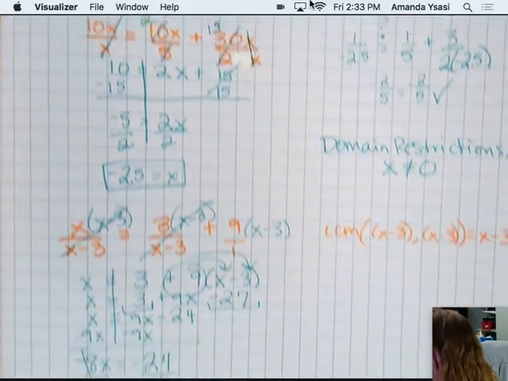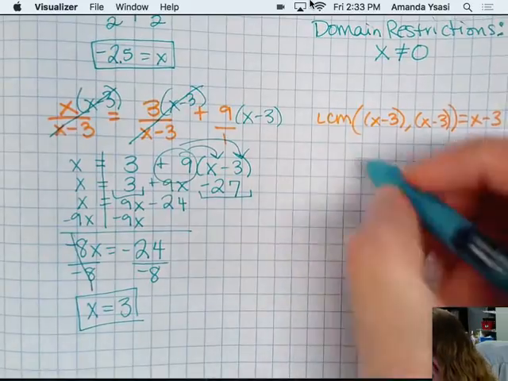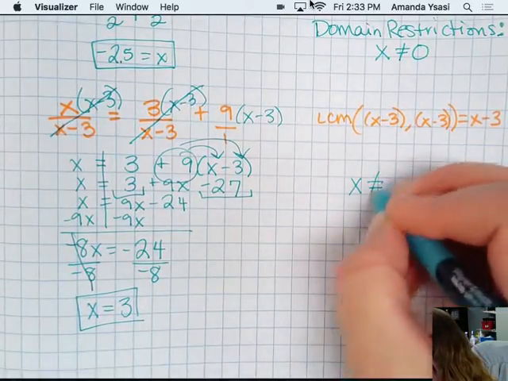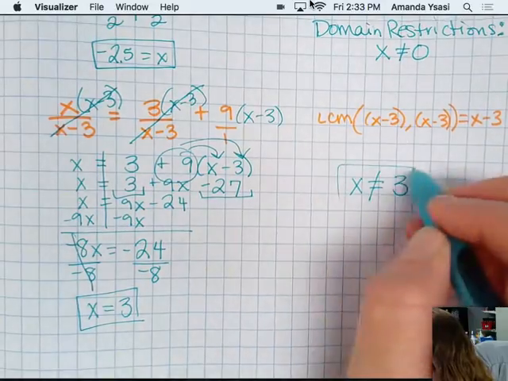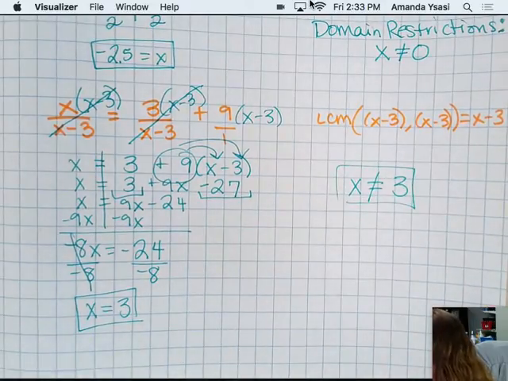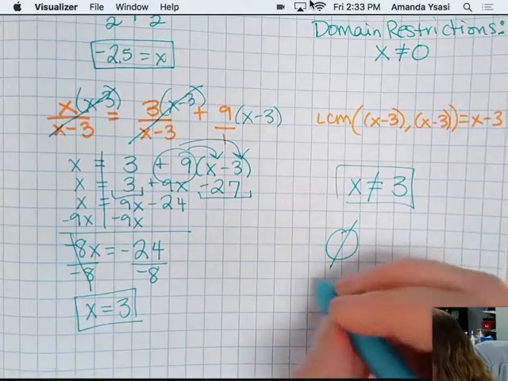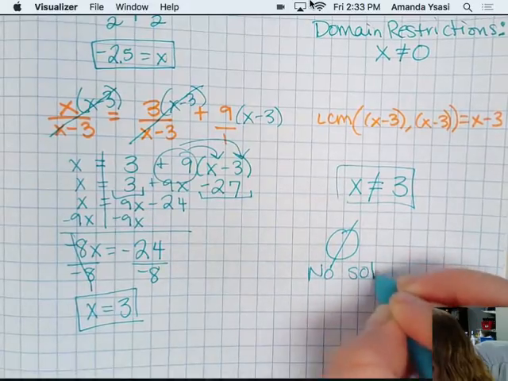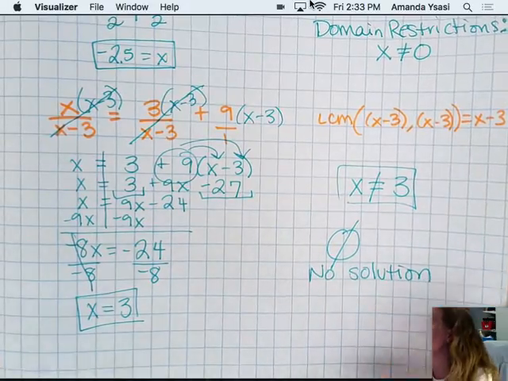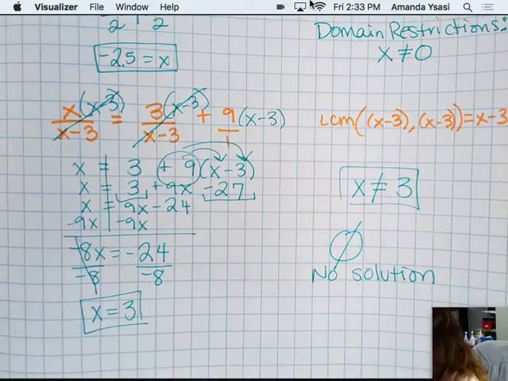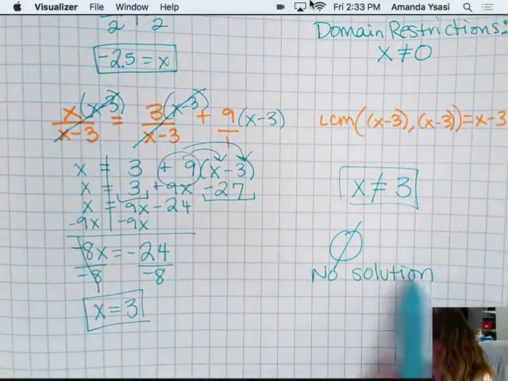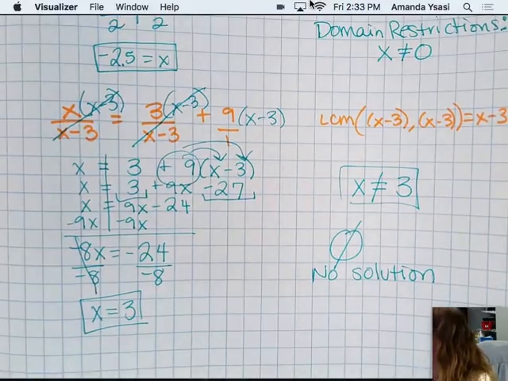Okay, what about this one? What can x not equal? 3. So what does that mean about our solution? It's no solution. So you're always going to have to check your denominator to see what would make our denominator equal to 0 to make sure you're not missing something, because this ended up being no solution.